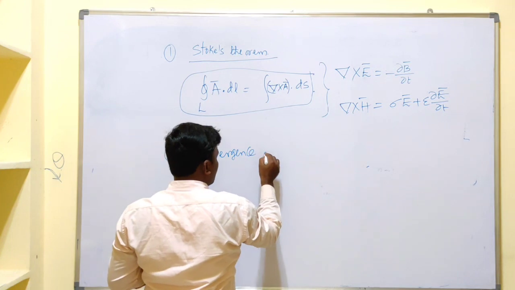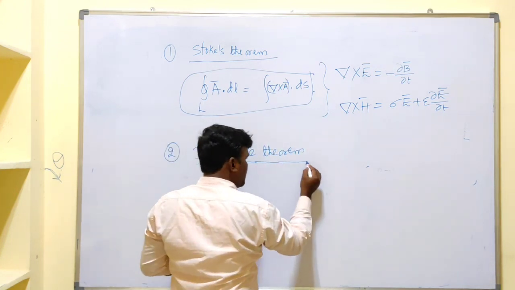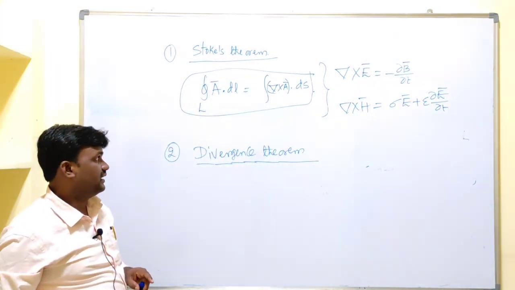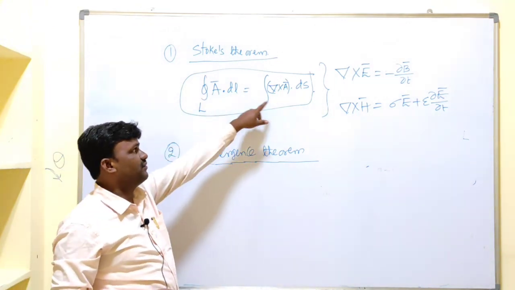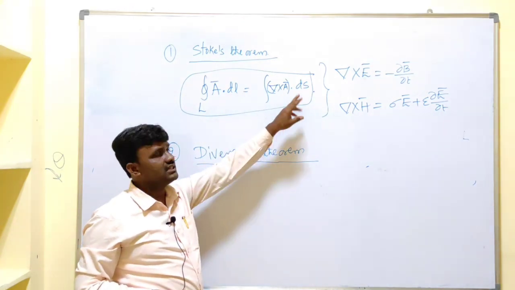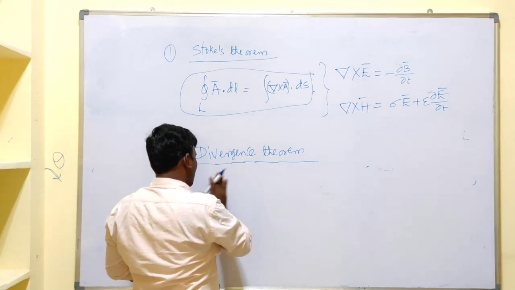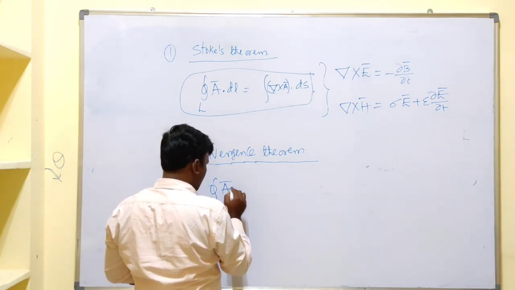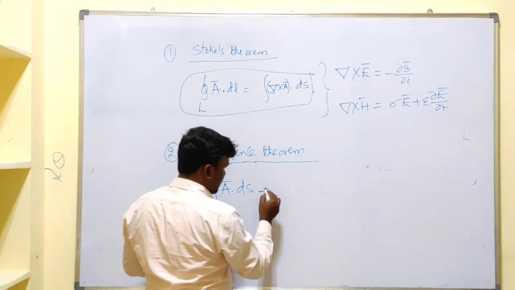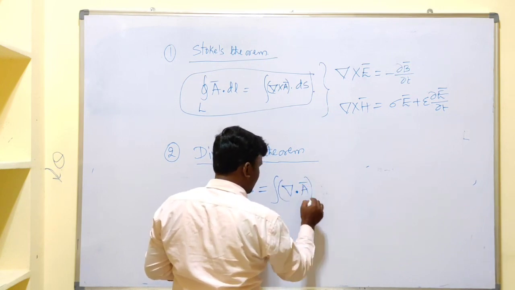Okay, this is about the Stokes theorem, and we have another theorem, that is the divergence theorem. What is this divergence theorem? Basically, the divergence theorem is used to convert the closed surface integral into volume integral. Similarly, the closed surface integral of vector A equals the volume integral of the divergence of that vector quantity.